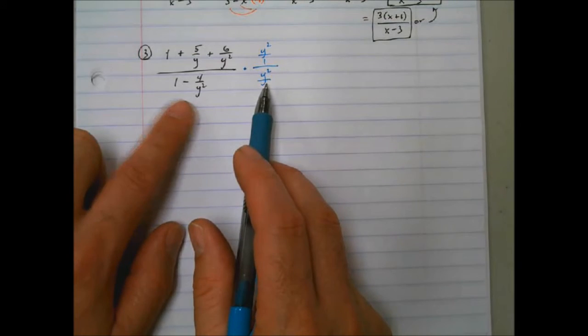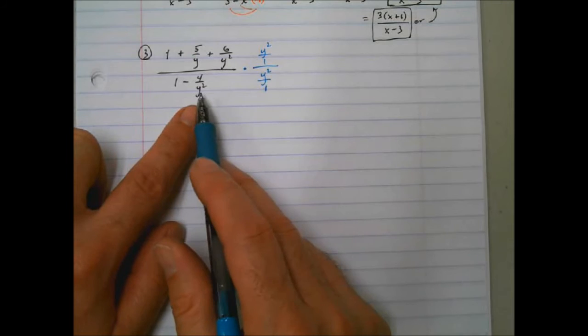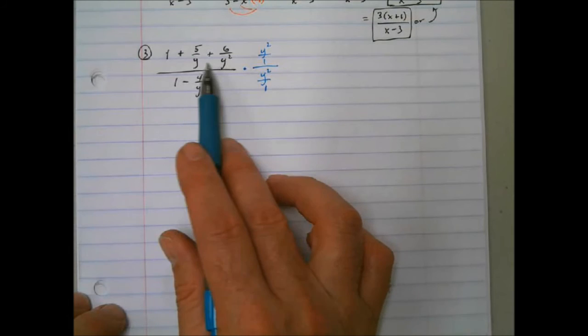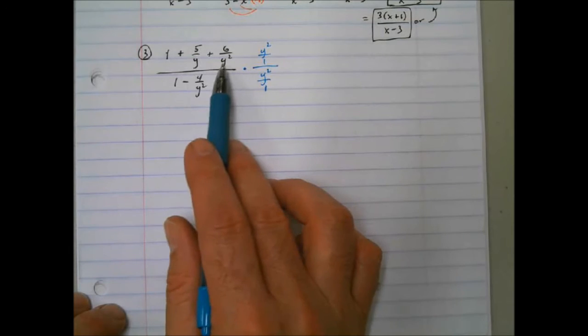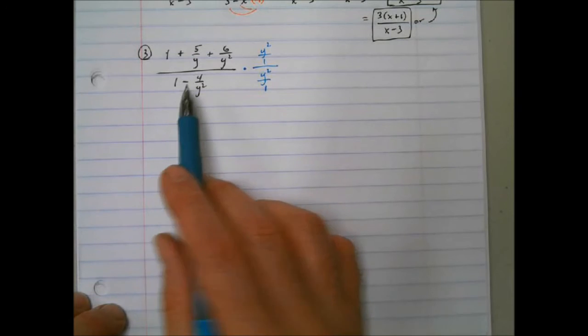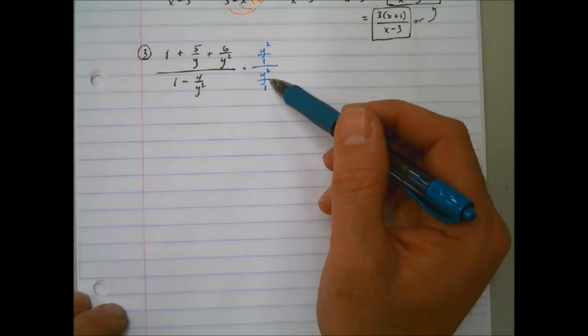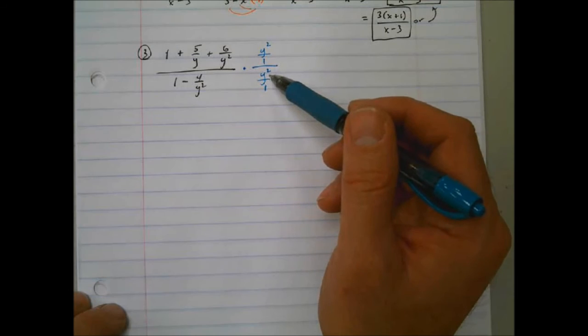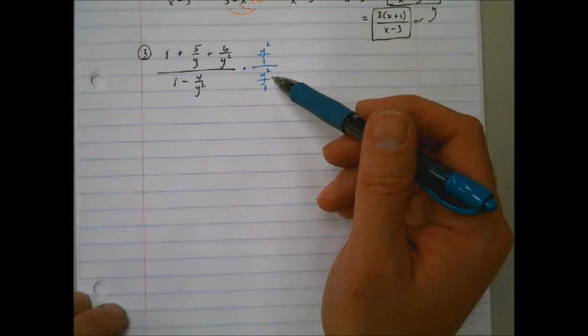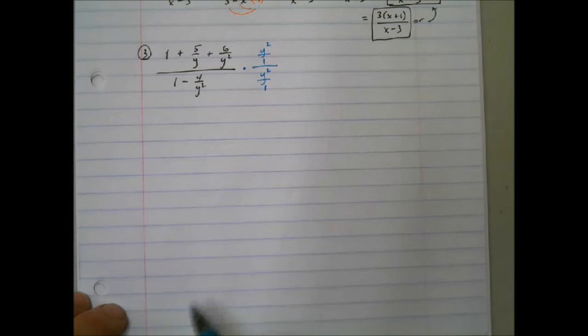No, y squared would clear the fractions in the denominator as well. So the lowest common denominator for all these fractions up in the top and for all these fractions in the bottom is y squared. And so if we're multiplying the top and bottom by the lowest common denominator, it will clear all these extra fractions.